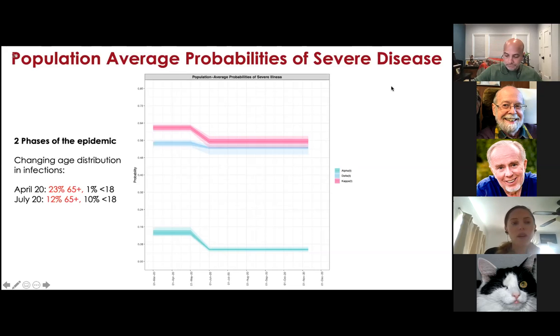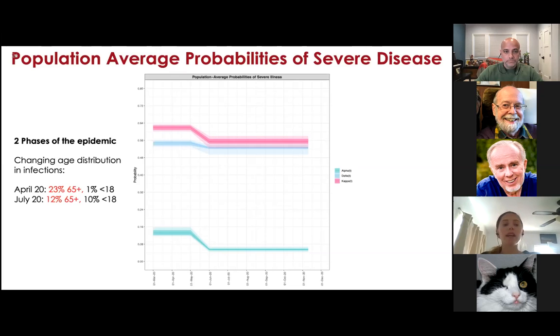So we look at this as two phases of the epidemic, before and after these rates decreased. In the first phase, one example day being April 20th, we had 23% of all infections coming from the population of individuals 65 and older, and only 1% from individuals younger than 18.